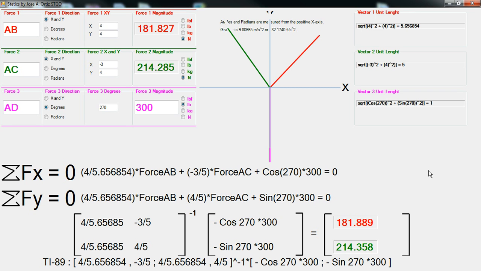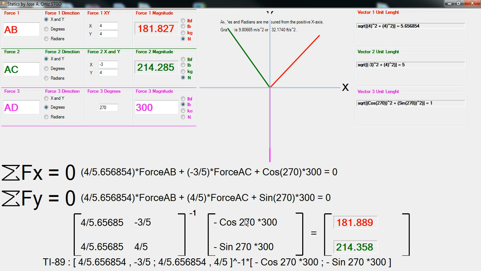So we have two unknowns, force AB and force AC, and we can put this nicely into a matrix using the coefficients. So for the first equation here, we have 4 divided by 5.65, and we have -3/5.